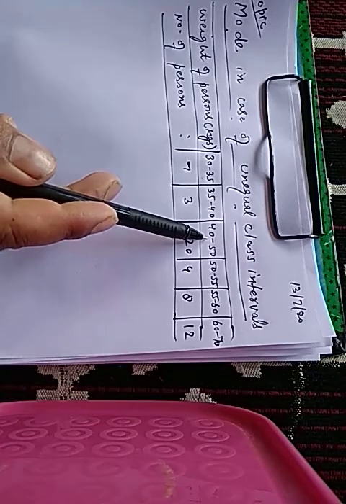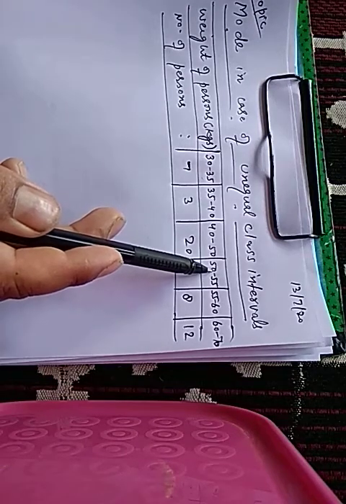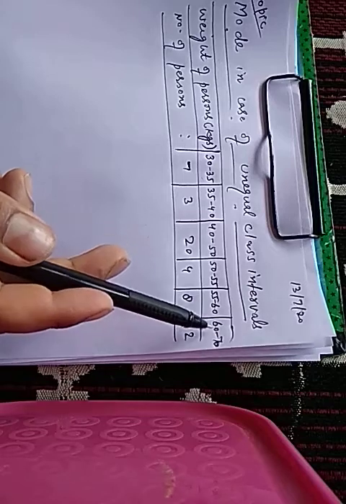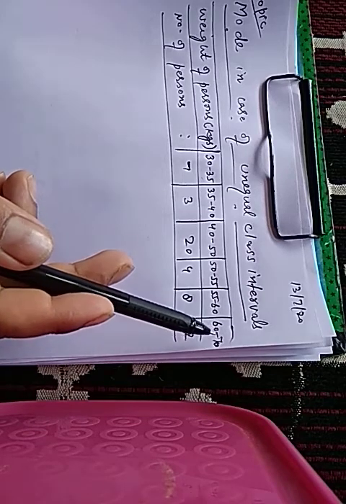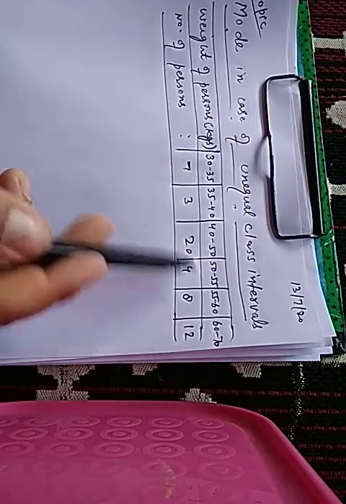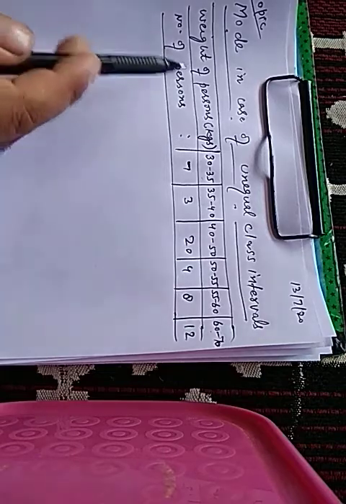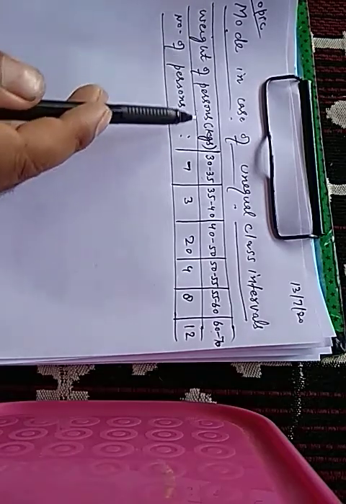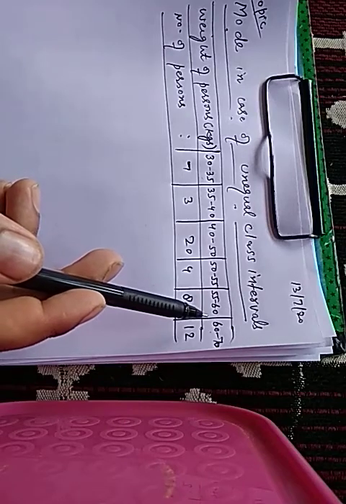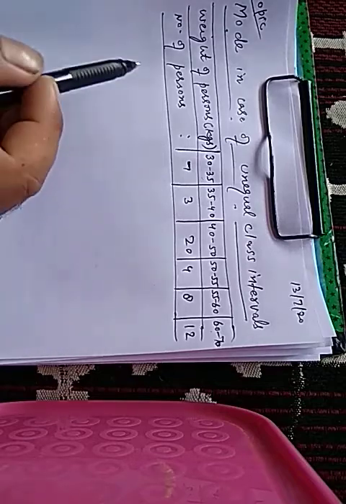Here there is a difference of 10, means unequal. Again, there is a difference of 5, 50 to 55, 55 to 60. But in this case, there is a difference of 10, 60 to 70. Therefore, this is the statistical series showing the variable weight of persons but having unequal class intervals. And the frequencies are given.